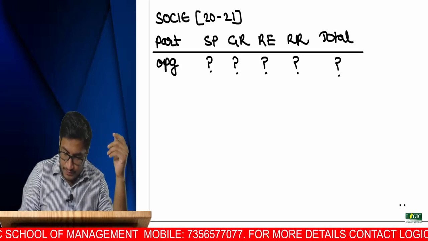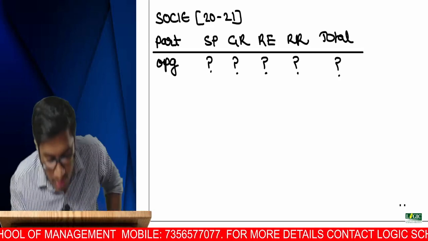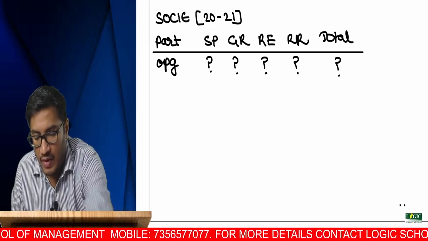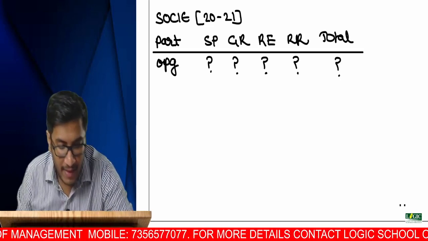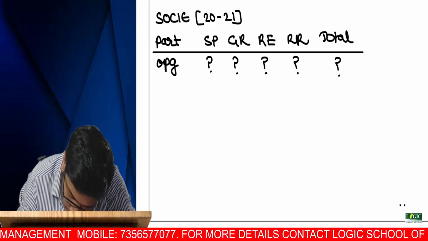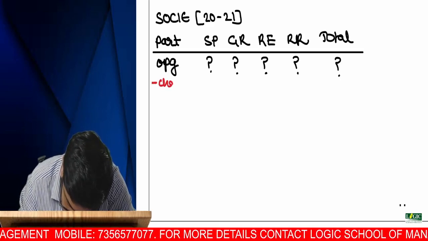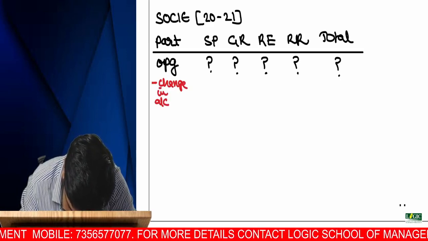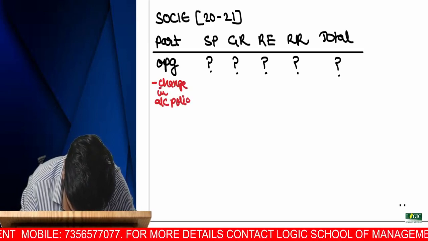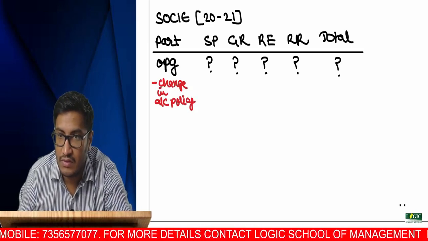Now, due to there is a restatement required, isn't it? So due to impact minus change in accounting policy.